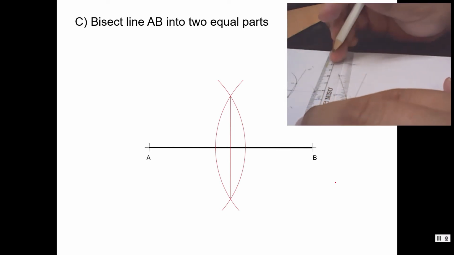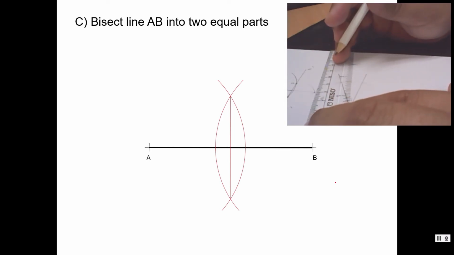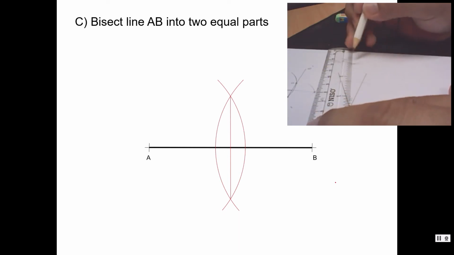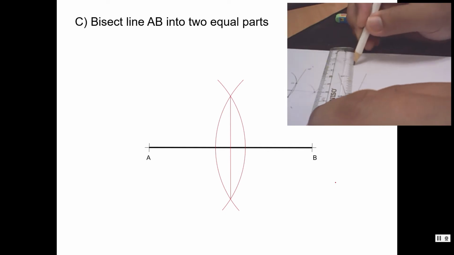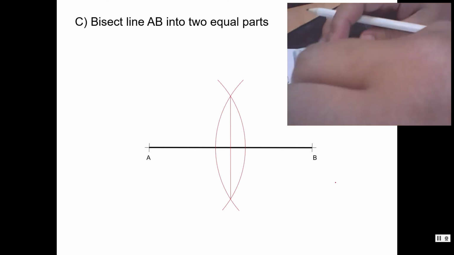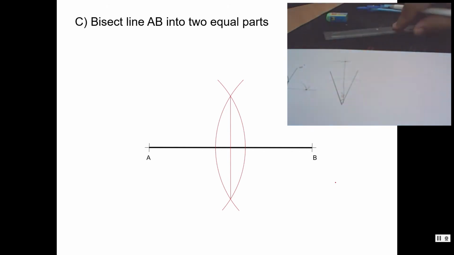So you're just going to draw a line that is going to go through the point that you already obtained. So I'm just going to draw it like this. Yeah, sorry, it's not really that straight, but anyway, that's the way of cutting the angle in half. Okay, so that's for activity 1.